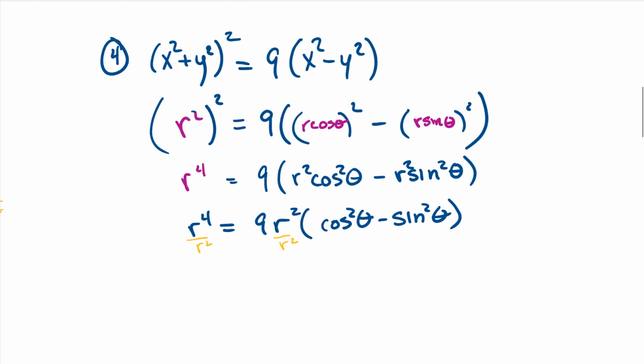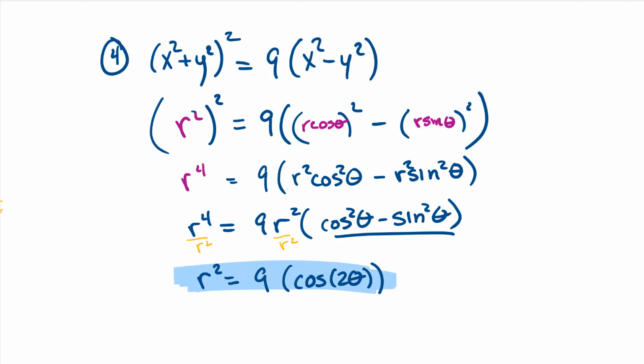Because we're trying to get that r all by itself. So we have r squared is equal to 9 times, and I'm going to change this, that's cosine of 2 theta. Now we could either leave our answer as such, which I'd be fine with. If you have r squared is equal to stuff and there's no r's, I'm chill with that.